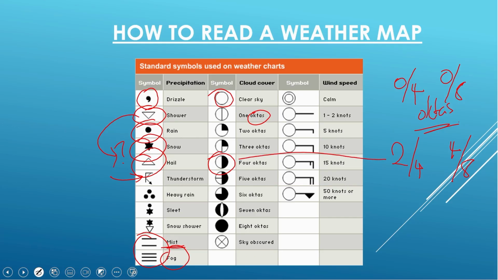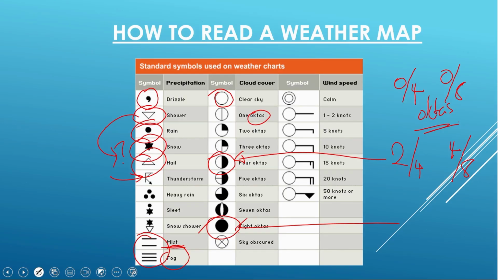That is the one that we are dealing with there, okay? We don't accept things like partially cloudy. You see, partially cloudy. We want you to be articulate and present it accurately, okay? It is 4/8, or you can say 2/4 octas, okay?